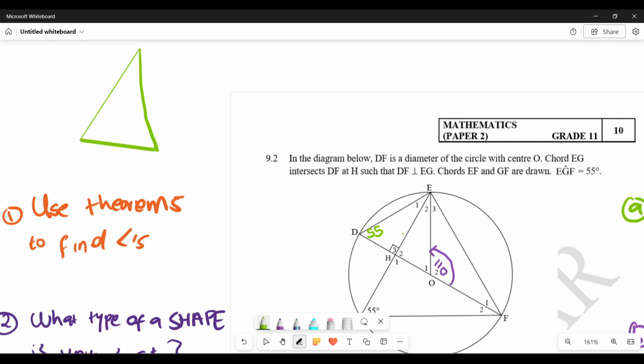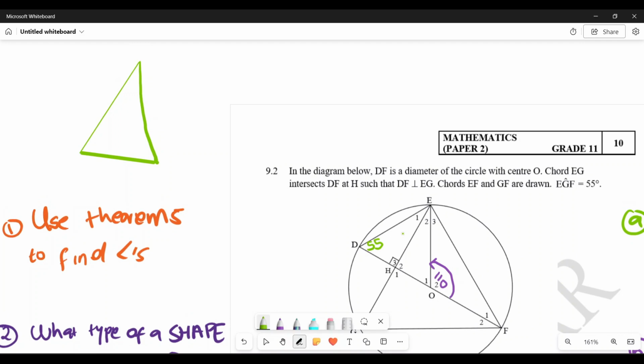This is E at the top, this is H, this is O, and this is O1, this is H2, this is E2. Now, I want you to note something. The kind of triangle this would be is a right angle triangle. Why is that? H2 would also be equal to 90.